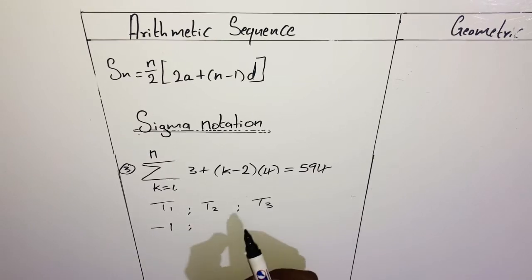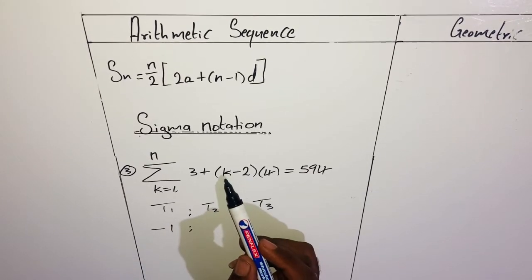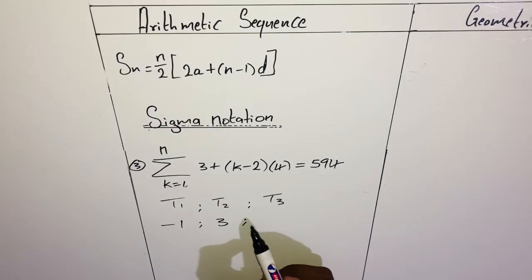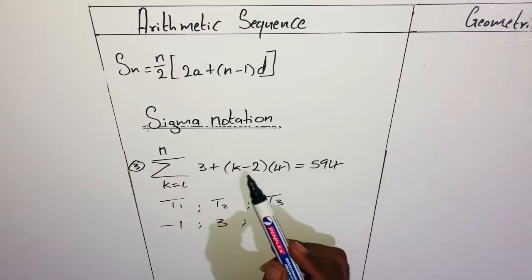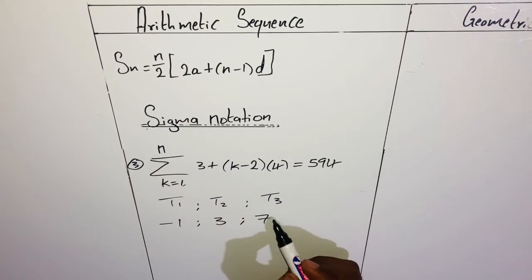Then if we substitute K as 2, we get our T2 as 3. We substitute K as 3, we get our T3 as 7.